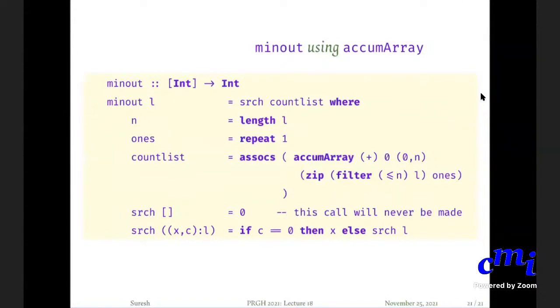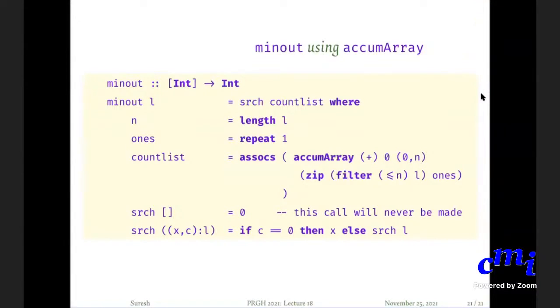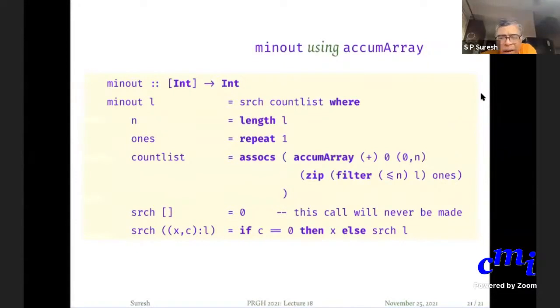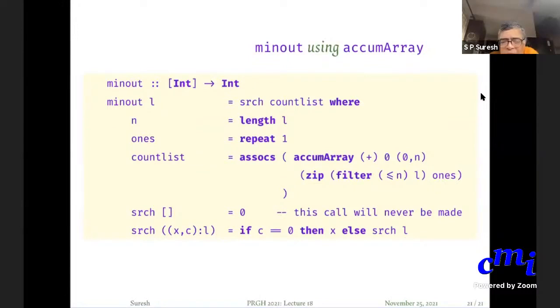When you say this min out using accum array is order of n, that assumes that the range of values that n can take is a constant, right? Accum array works in order n time, I said.